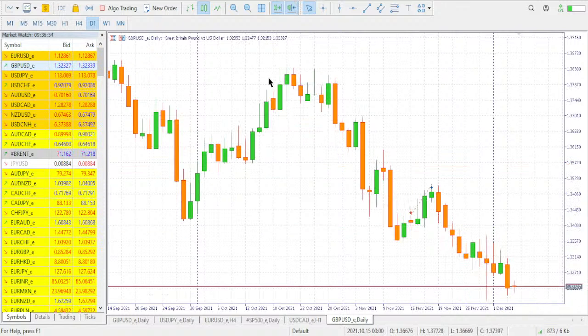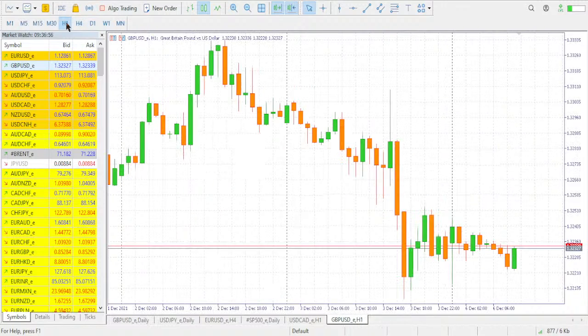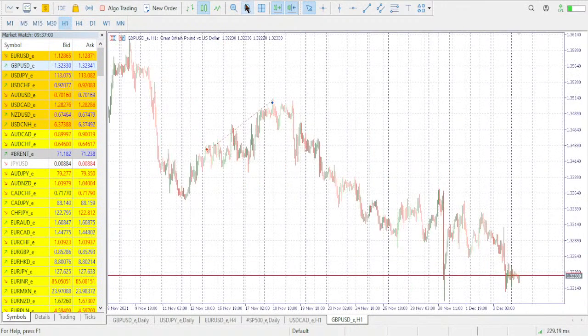The next symbol, well, this is GBPUSD. So with this chart here, I'll add an indicator. I'm going to add one trend indicator. So I go to the Average Directional Movement Index. Just a second.